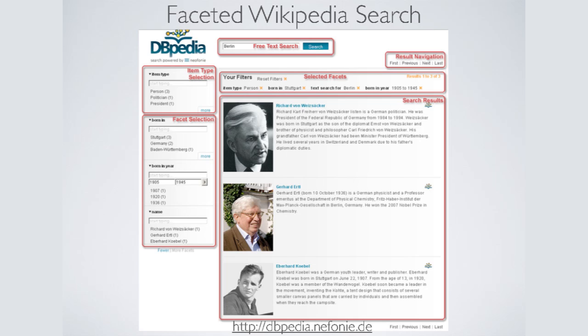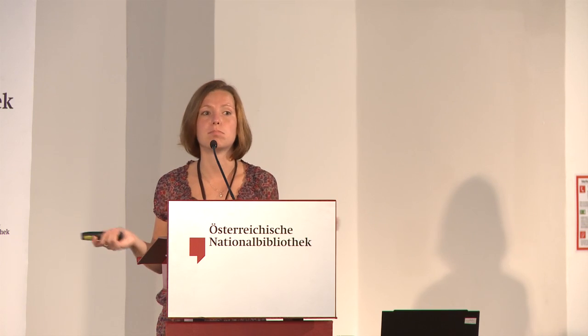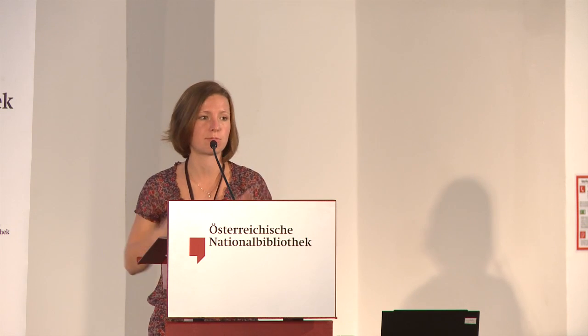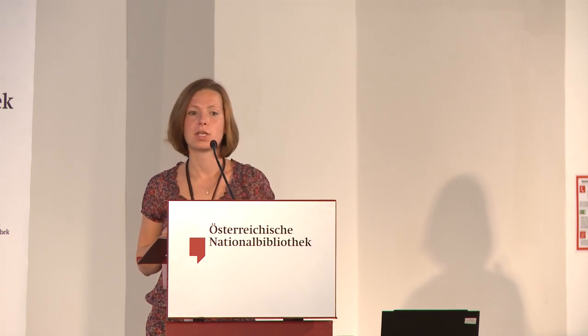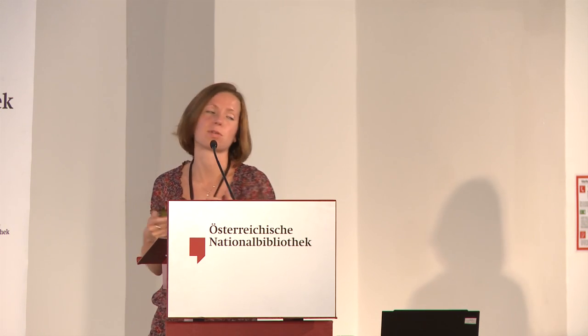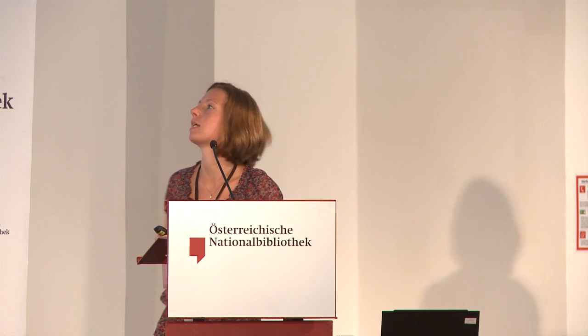In this case, you can search for persons that were born in Stuttgart, are somehow related to Berlin, and were furthermore born between 1905 and 1945. You can make up any query you can think of. Skyscrapers in China that are higher than 24 levels, whatever, 200 levels, etc.